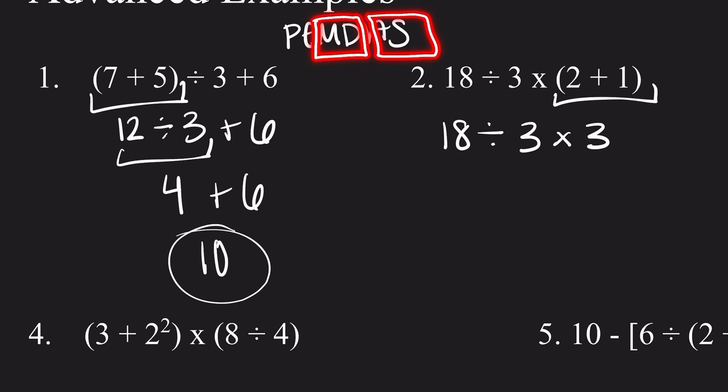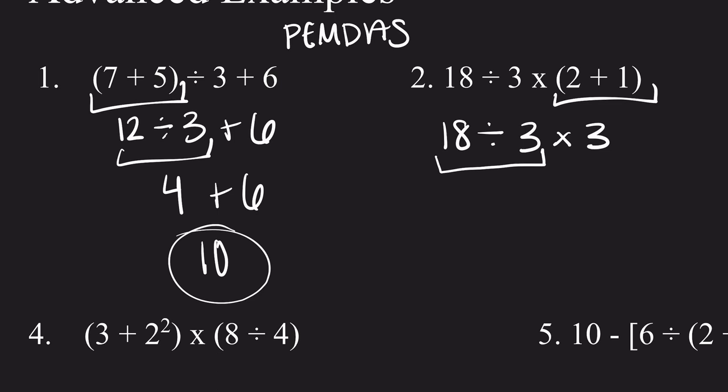sections together. So if we just have multiplication and division together, which we do in this case, we are going to work from left to right when solving. So that means we are going to do this first.